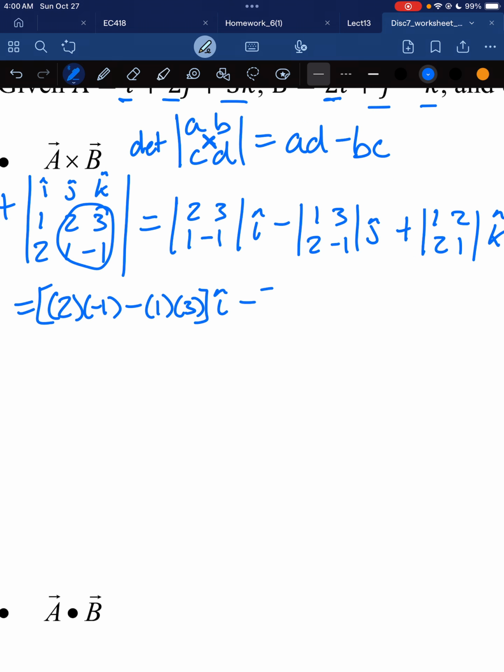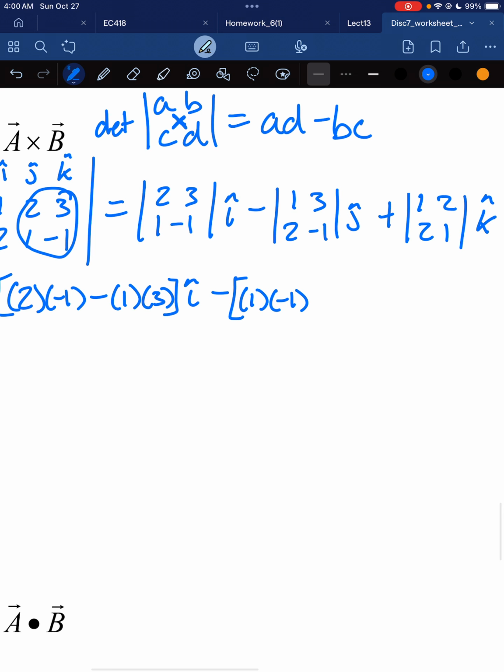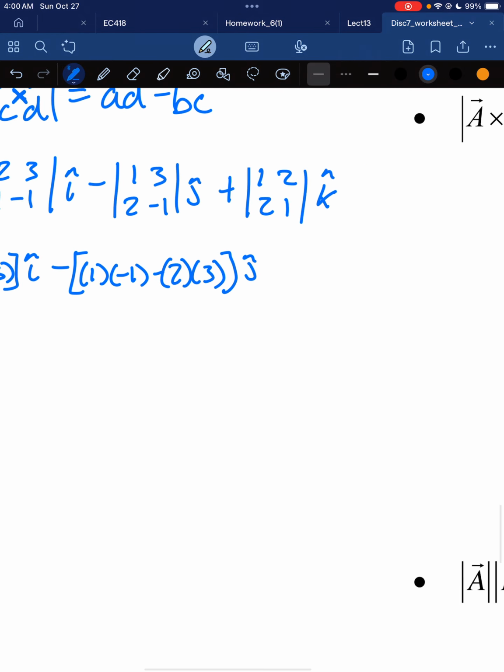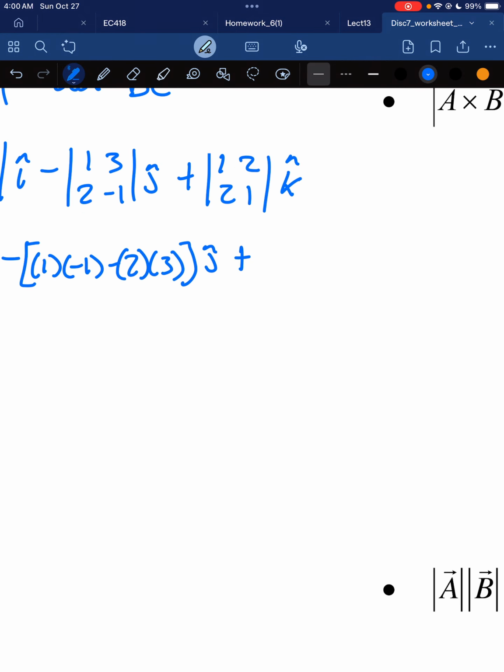And then here I'm going to have 1 times -1 minus 2 times 3 for my j hat component. And then for k, I'm going to have 1 times 1 minus 2 times 2. That's for my k component.